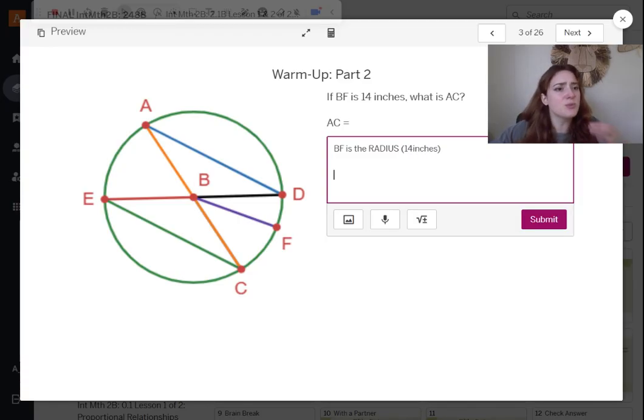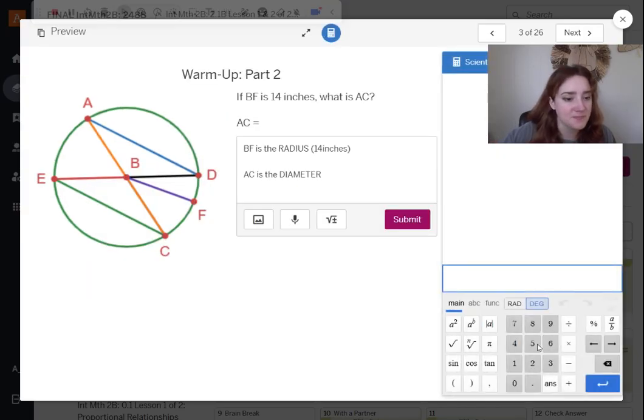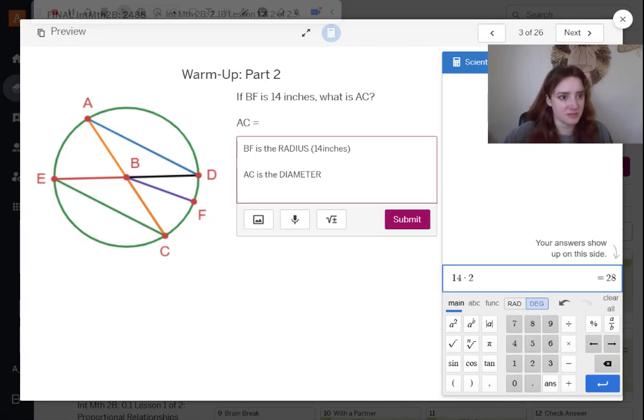And they're asking us, what is AC? And AC is going from either side of the circle, cutting through the center. So remember, AC is the diameter of a circle. And if you can remember, diameter is 2 times the radius. So we do have a calculator if you need some help here. 14 times 2, 28.